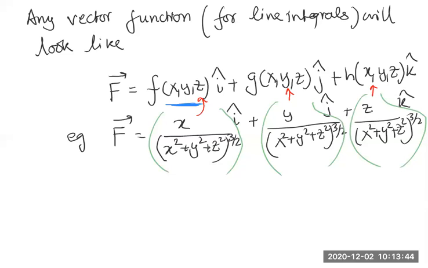I hope now the concept of vector function is clear. It will be something i cap, something j cap, something k cap, but this something will itself be a function of the xyz coordinates. All the three can be separate functions, they can be same functions, it does not matter.